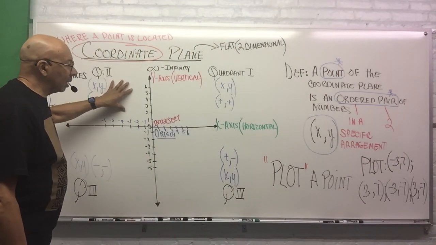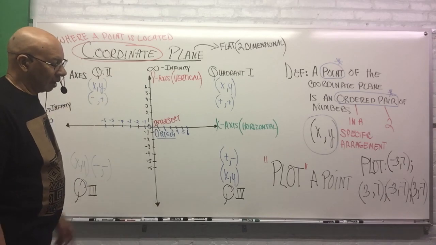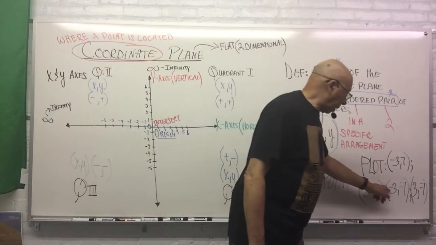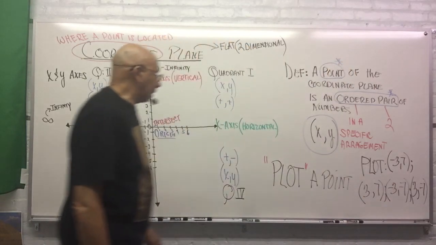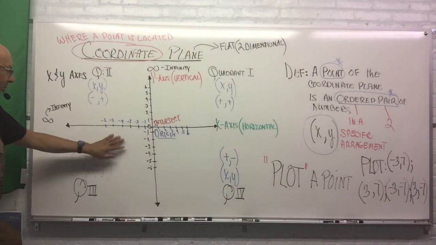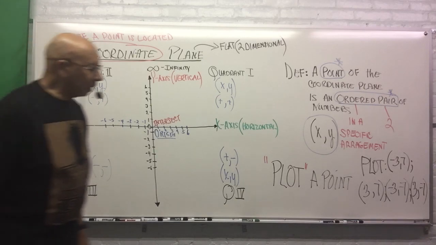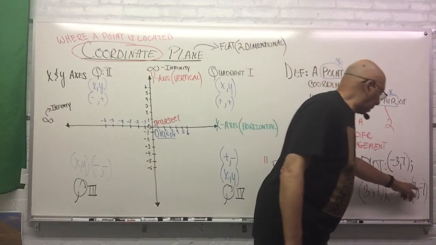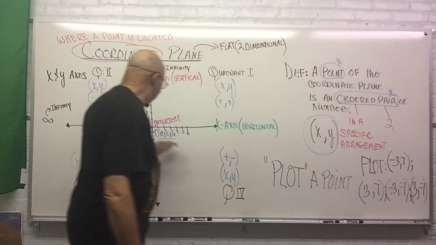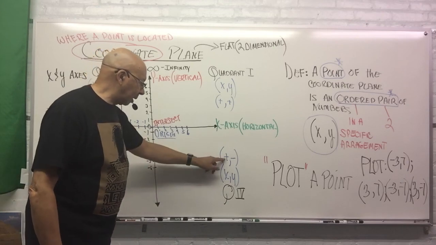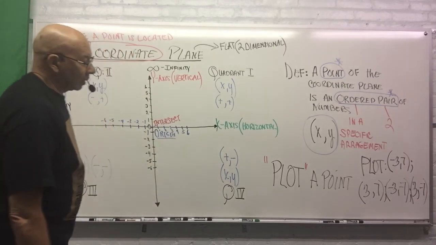So everything in this quadrant is negative, positive. So here you have negative, negative. Where is that? That has to be in quadrant 3 because everything in quadrant 3 is negative, negative. And finally, 3, negative 7 is in quadrant 4, because it's positive, negative. So that's kind of the clue.